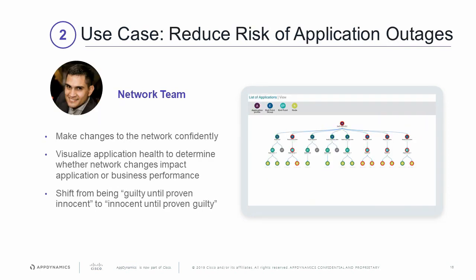The second use case that we have is from a network operator's point of view. As I highlighted earlier, networking teams don't have visibility into the application workloads that are running behind the networks. Even when ACI was not there, the only thing that they knew was these are the MACs and IPs that are forming the endpoints behind my network.